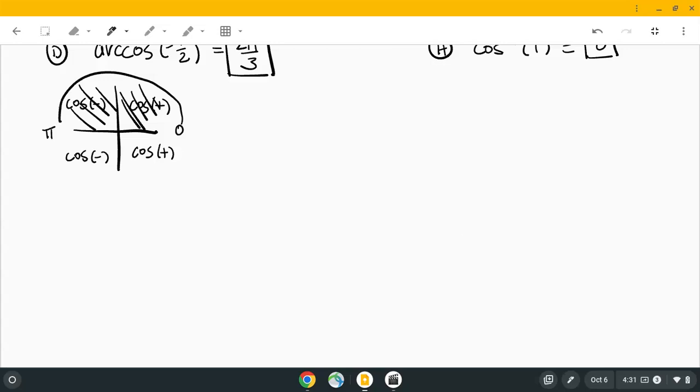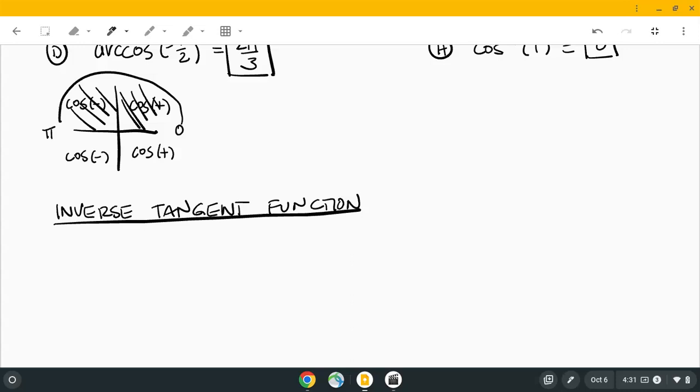All right, inverse tangent. So if our function is f of x equals tangent x, and we restrict it for x values between negative pi over 2 and pi over 2, similar but not the same as sine, because here we're not including these endpoints.